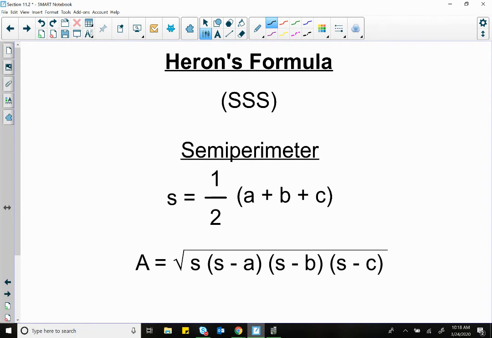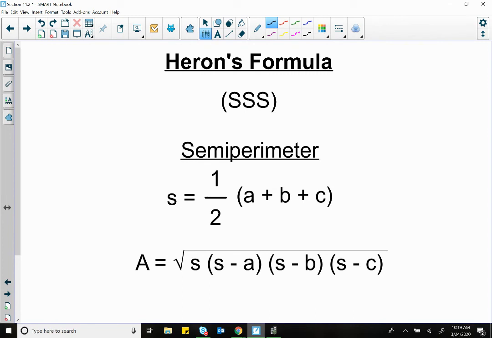Semi-perimeter just means take and add up all three sides and then cut it in half. And then down here is the formula that you'll run. You'll take the square root of the semi-perimeter times the semi-perimeter minus A times the semi-perimeter minus B times the semi-perimeter minus C. And that's it.